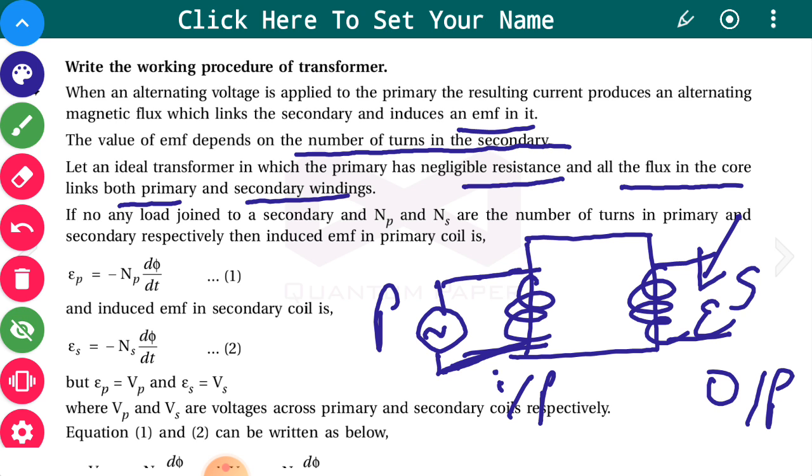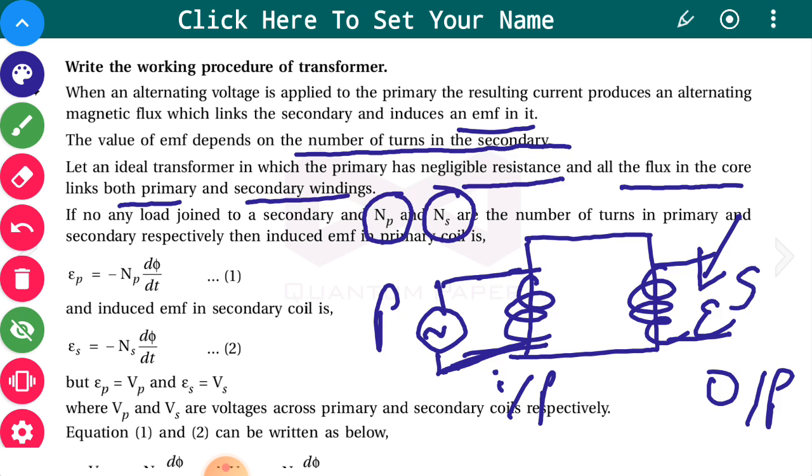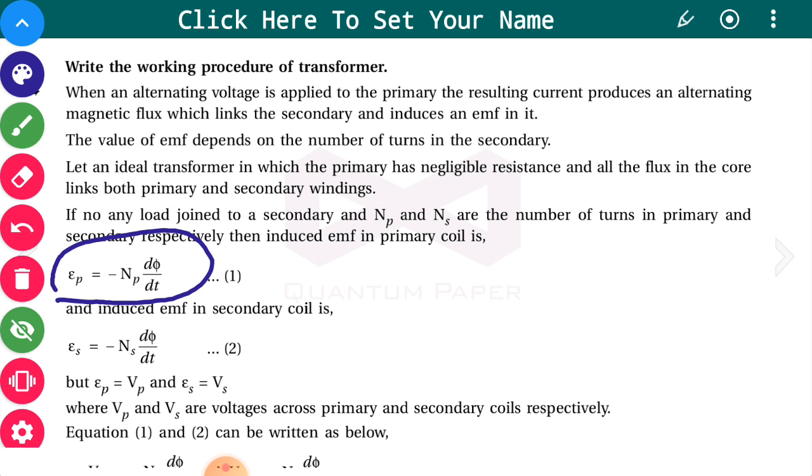If no load is joined to the secondary, and the number of turns in primary and secondary are Np and Ns respectively, then the electromotive force produced in the primary is Np d phi by dt, and in the secondary it is Ns d phi by dt.